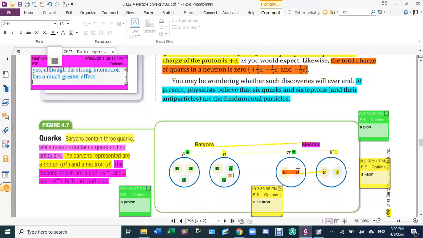Now, physicists believe that 6 quarks and 6 leptons and their antiparticles are the fundamental particles. But in the future, we don't know.